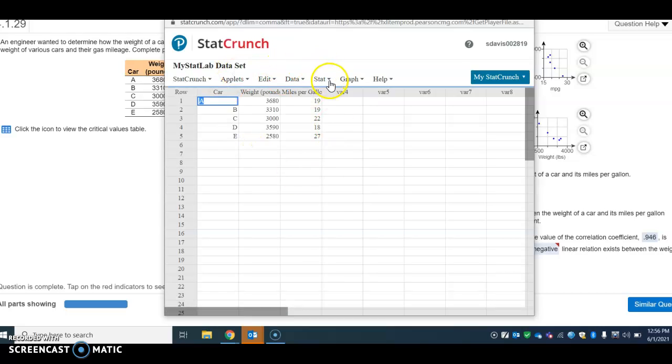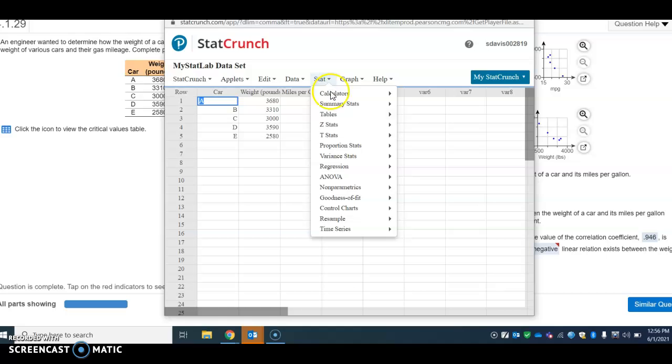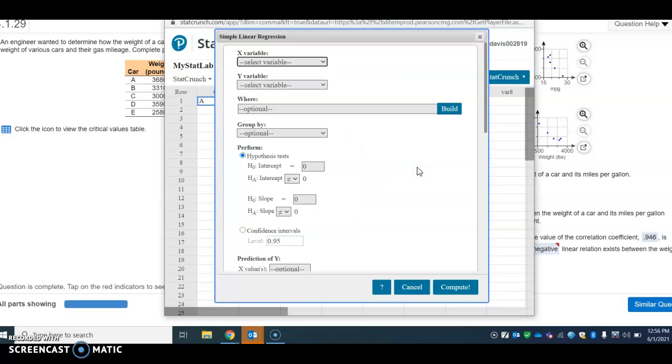Here's the data, and then we can go Stat, Regression, Simple Linear, and the x variable is the weight of the cars, and the y variable is the miles per gallon that those cars get.